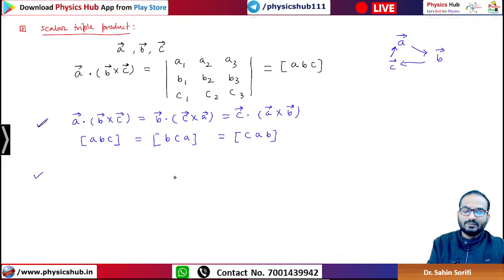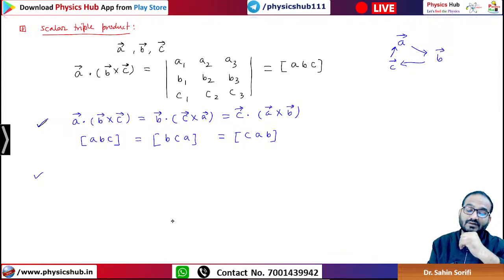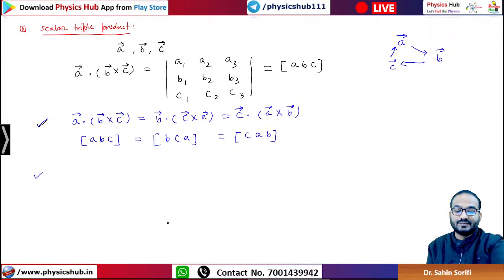Now the scalar triple product is used to denote the volume of a rectangular parallelepiped.